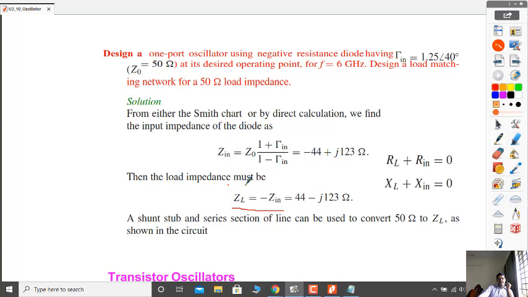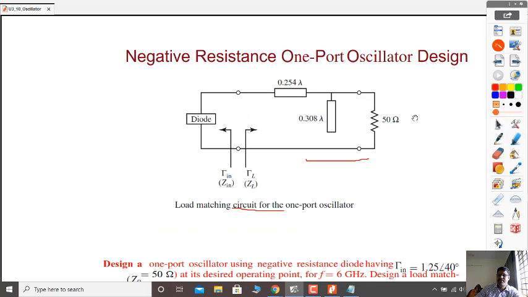Next you compute the load impedance, and load impedance equals minus Zin, the negative of this value. So the negative of the value will be plus 44 minus j 123 ohm. This is our required ZL. This is the load impedance required. But the actual load impedance is 50 ohm.